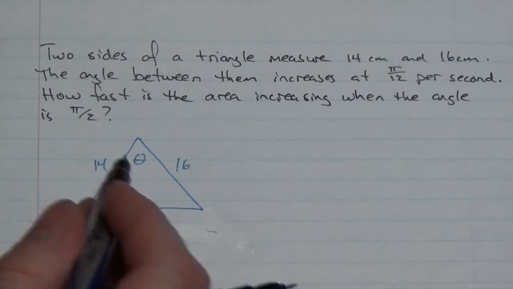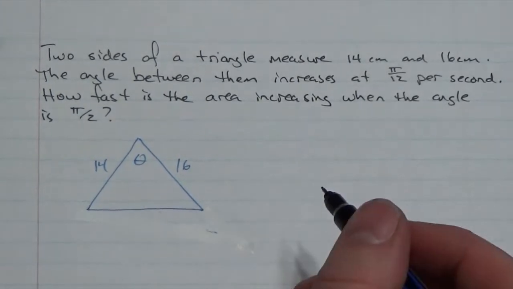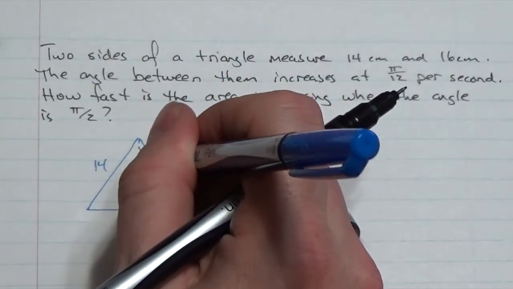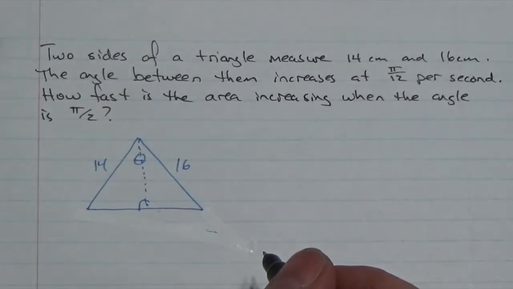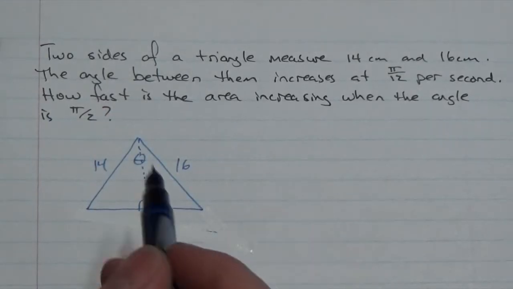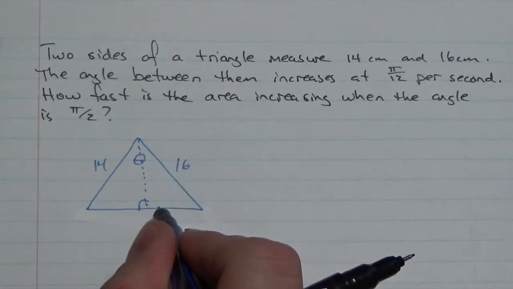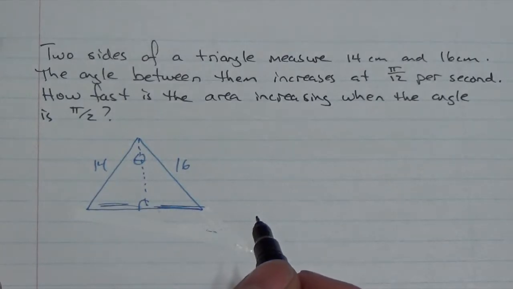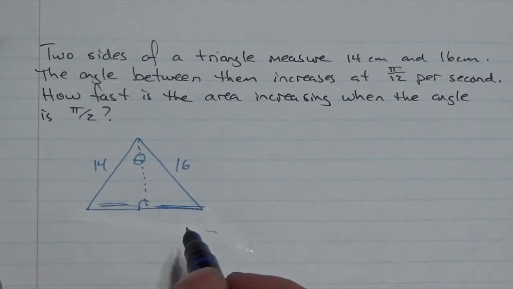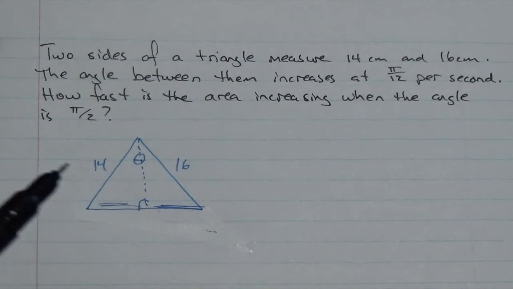I'm trying to be consistent with the lines that I made here, but they would just label this as 14 and 16. Now to come up with the area, they draw this altitude here and try to come up with an expression for the area. But the problem is these two are two different lengths, so this and this aren't necessarily going to be the same. That altitude does not necessarily cut this in half. So this is a very awkward way to do this. I would just assume don't do that.